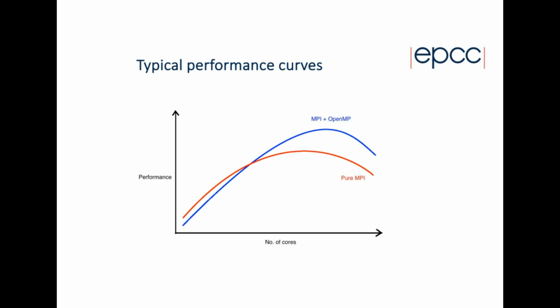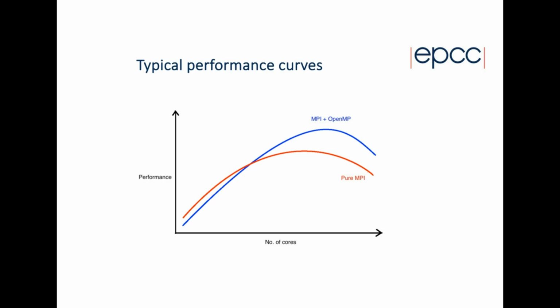So if you look at hybrid applications and plot their performance, in whatever suitable units, either just one over the execution time, or some other suitable metric for the application, like time steps per second, solutions per second, simulated nanoseconds per second, whatever.